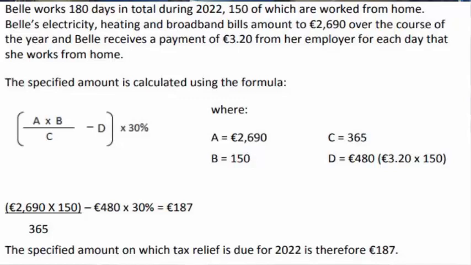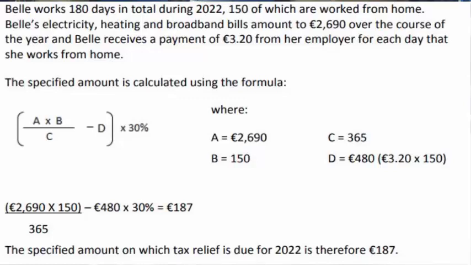The specified amount is calculated using the formula A multiplied by B divided by C minus D, multiplied by 30%, where A is equal to 2,690, B is equal to 150, C is equal to 365, and D is equal to 480. That's €3.20 per day multiplied by 150.